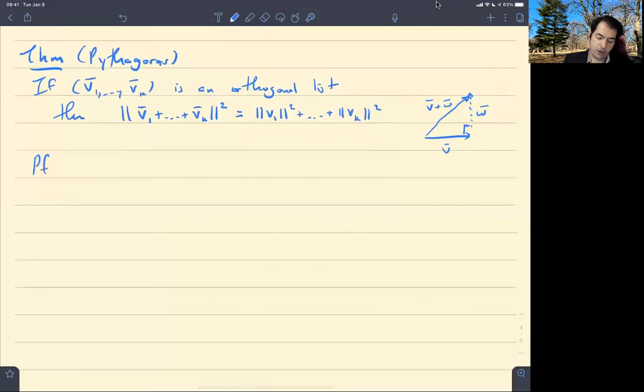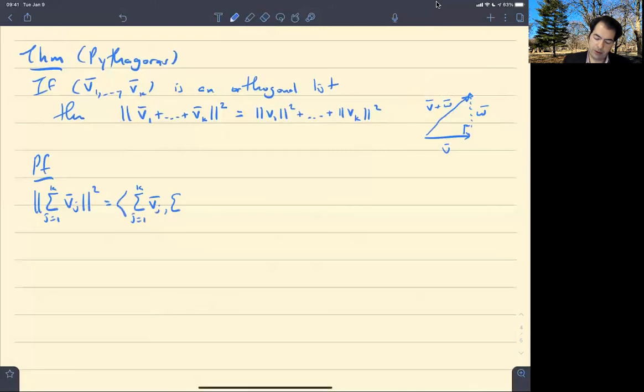Okay, so the proof is straightforward. We'll just start with the left-hand side and work our way to the right-hand side. So the norm of the sum of the VJs squared is equal, by definition, to the inner product of the sum of the VJs with itself.